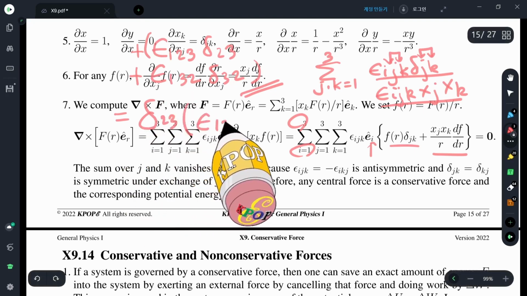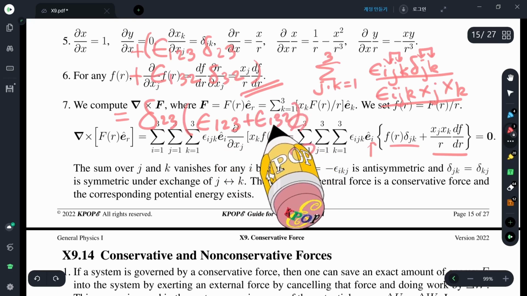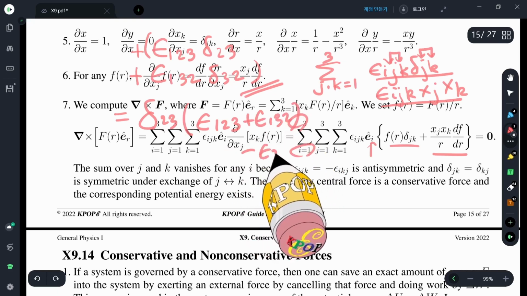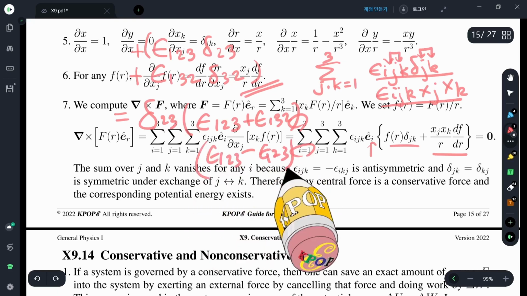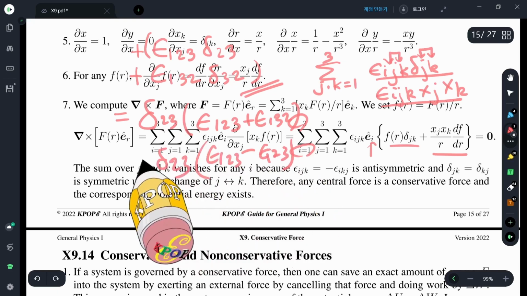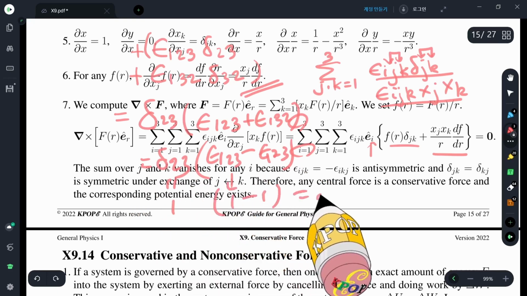Then we have epsilon 1, 2, 3 plus epsilon 1, 3, 2. This is minus epsilon 1, 2, 3. So epsilon 1, 2, 3, this is 1, and this is 1 minus 1 equals 0.